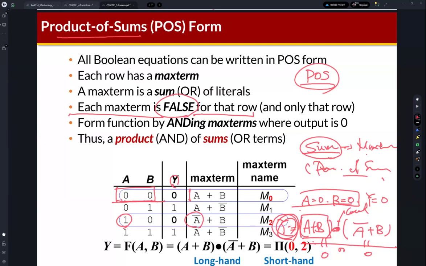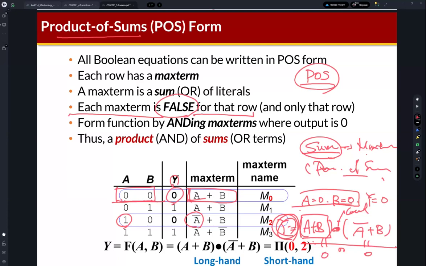So when you make a Boolean equation of a certain function using a product of sums, firstly we need to select the max terms that can make Y 0, output 0. Then these max terms are just multiplied.